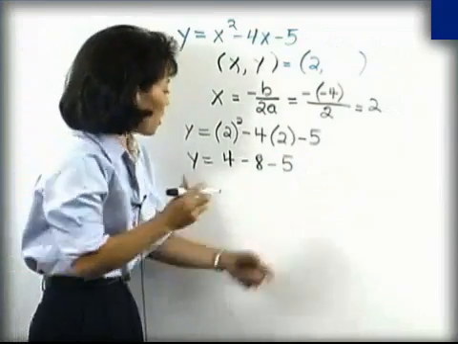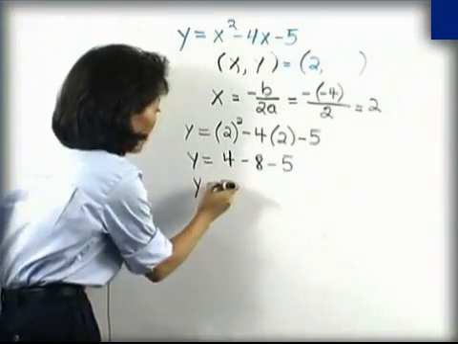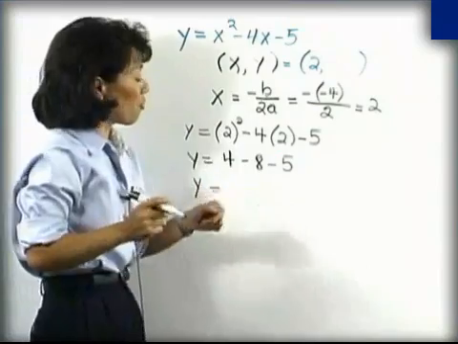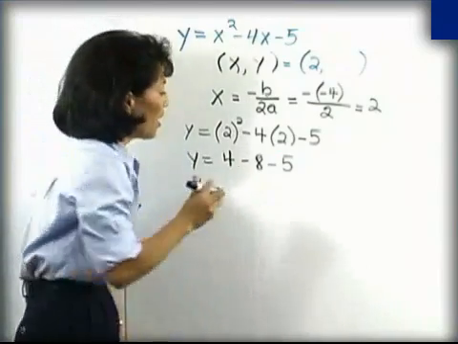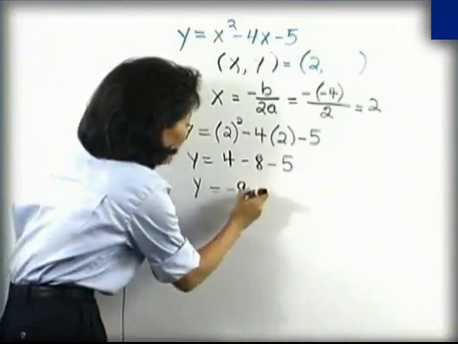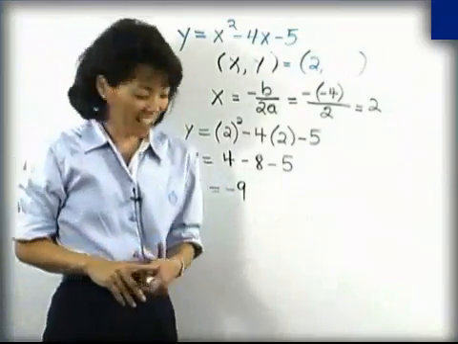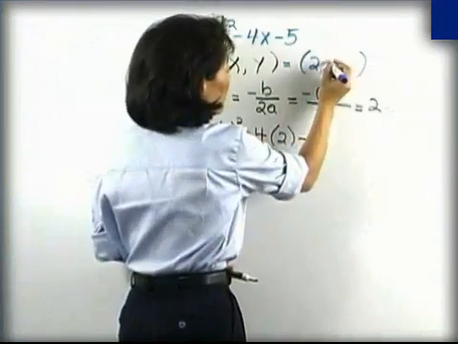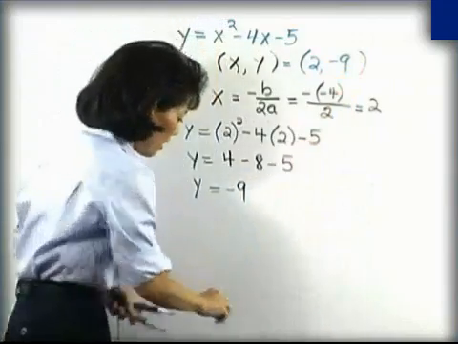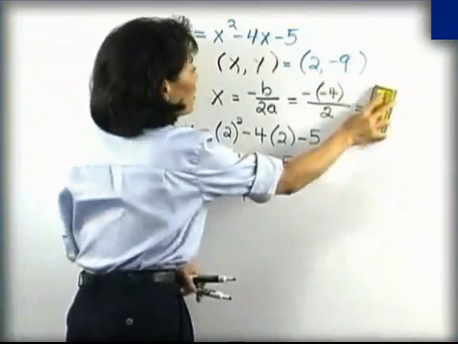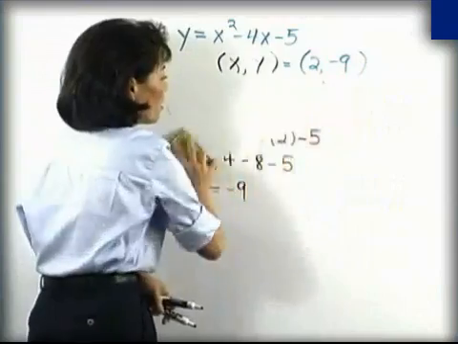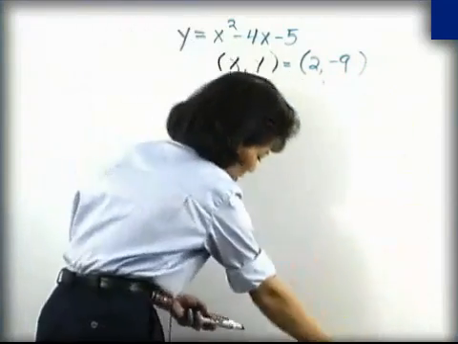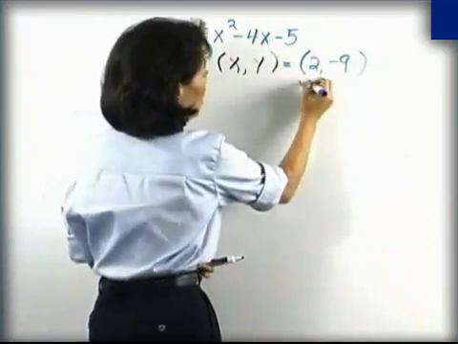Just adding these numbers gives us y is equal to 4 minus 8, negative 4, minus 5, there it is, negative 9. So what did we find here? We found that y is equal to negative 9. Now what does that represent? For us in this problem, this represents the vertex of our parabola.